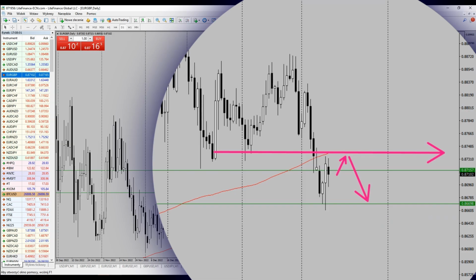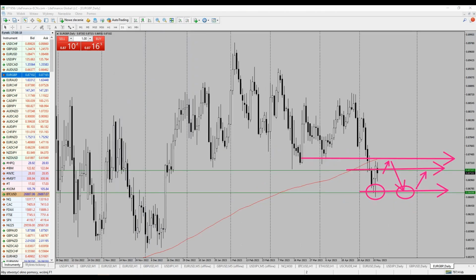And from the buyer's perspective, based on this possible swing low, if the intraday price action is going to support that one, that might be the setup to try to go long. So for me, euro pound looks like some kind of possible consolidation below the broken bottom of significant support.